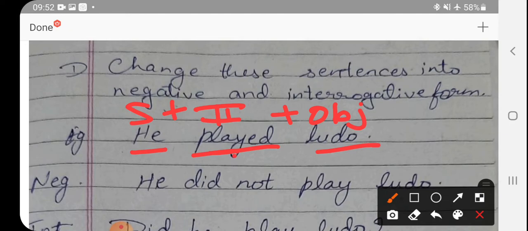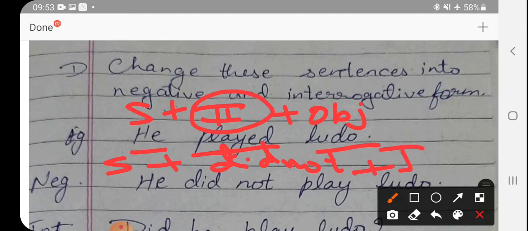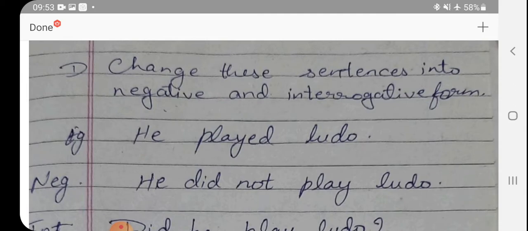And when we convert these types of sentences into negative form, we add did not with the subject. Subject plus did not. After the subject we add did not, plus the second form of the verb converts into the first form. Played converts into play. It will become he did not play Ludo.